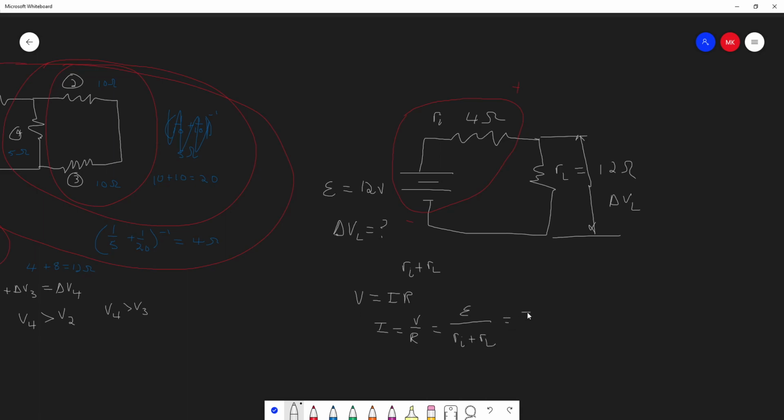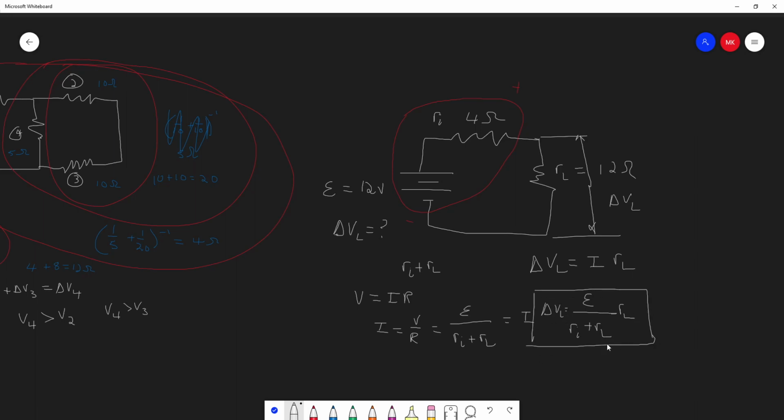And that equals I. To get delta VL, the voltage drop across our load resistance, delta VL is just I times RL, or our current, which is E over R internal plus R load, times R load.